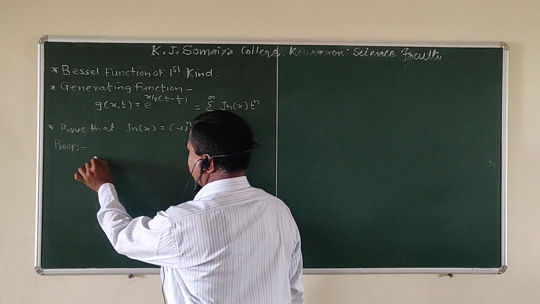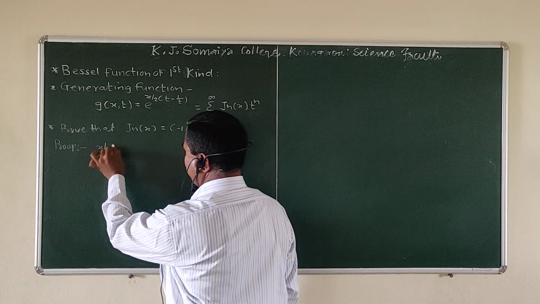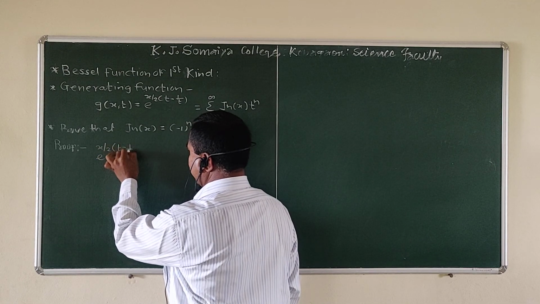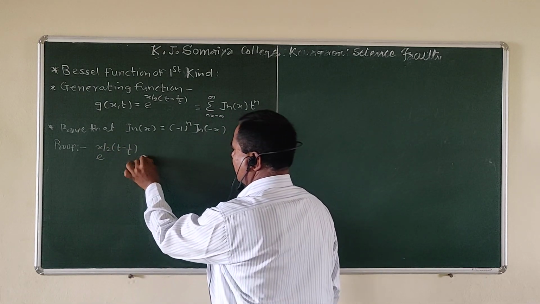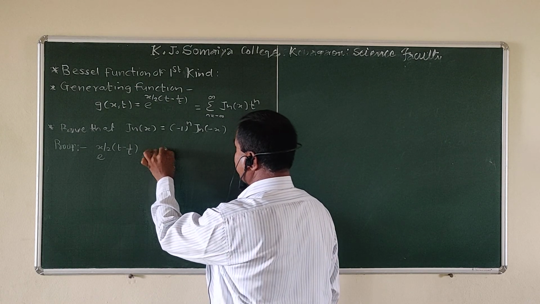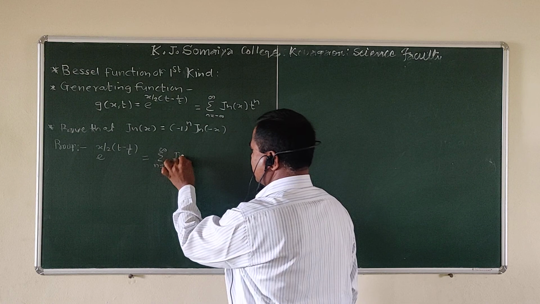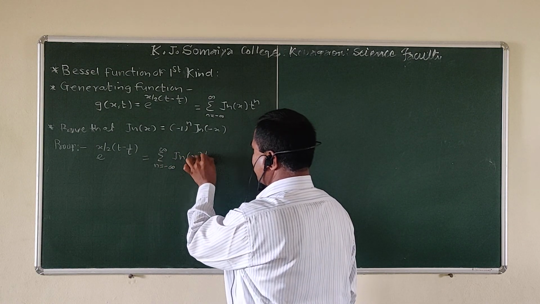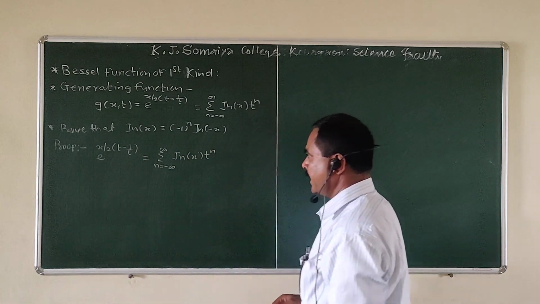So we write here e^{(x/2)(t - 1/t)} = summation n from minus infinity to plus infinity J_n(x) t^n. Okay.